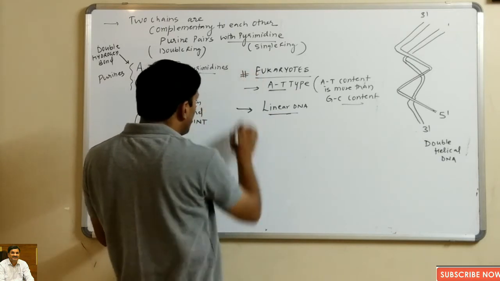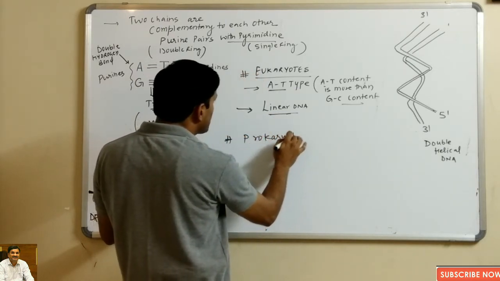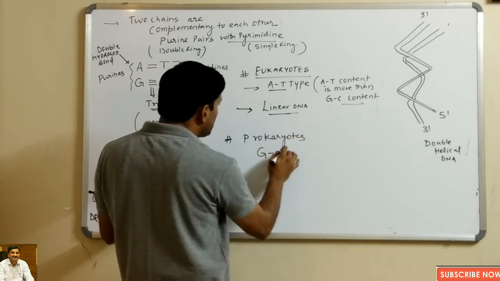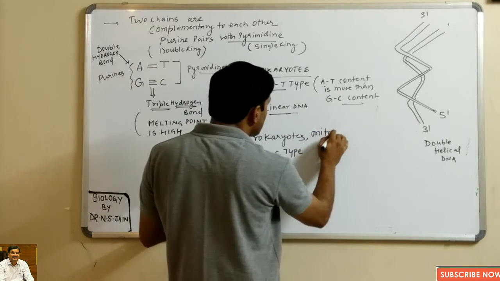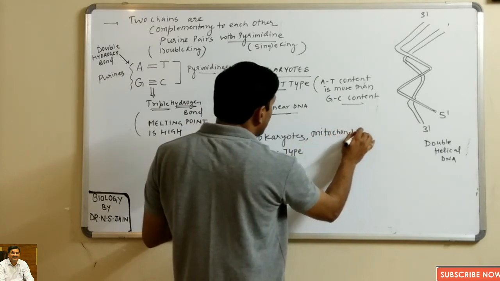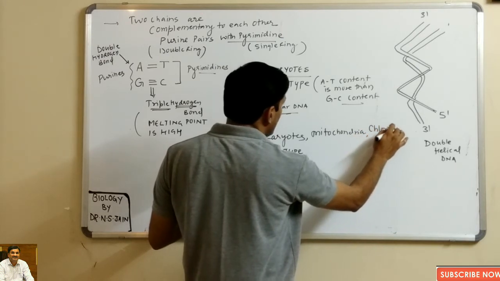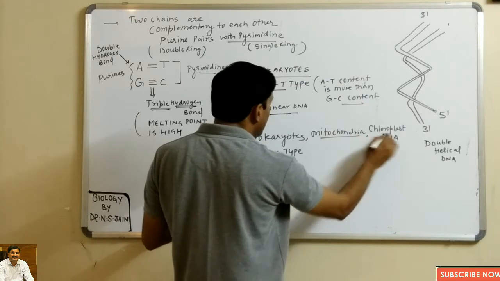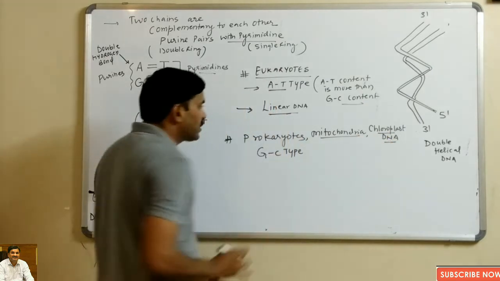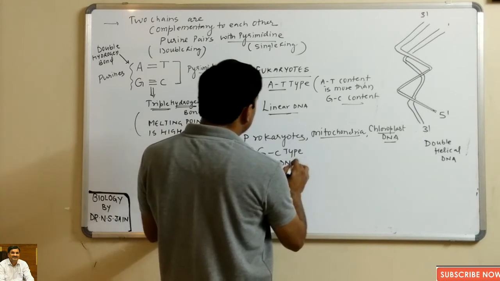While if we talk about the prokaryotes, then in prokaryotes, GC type DNA is present. In prokaryotes, as well as mitochondria and chloroplast DNA, you must know that mitochondria also have DNA, chloroplasts also have DNA, and prokaryotes also have DNA. In them, GC type DNA is present.